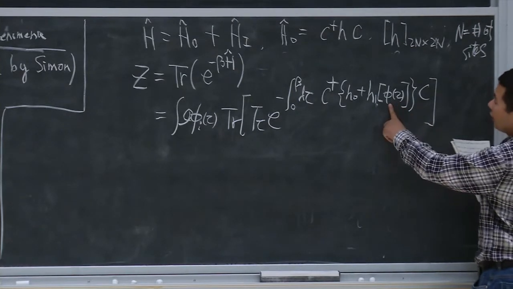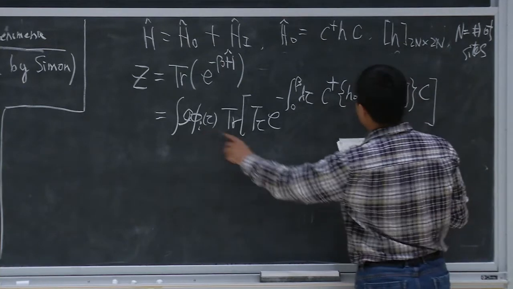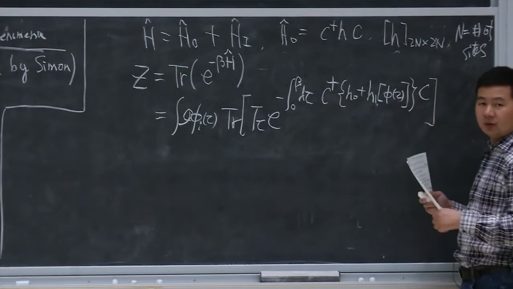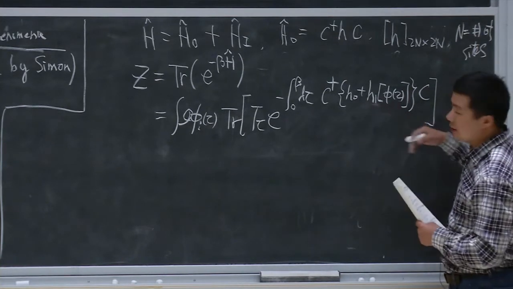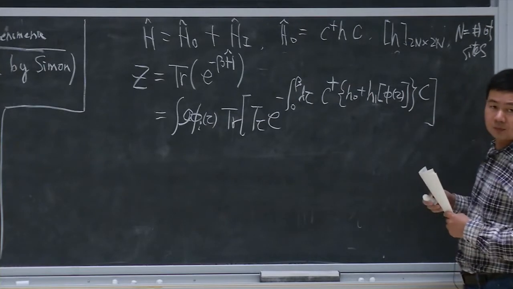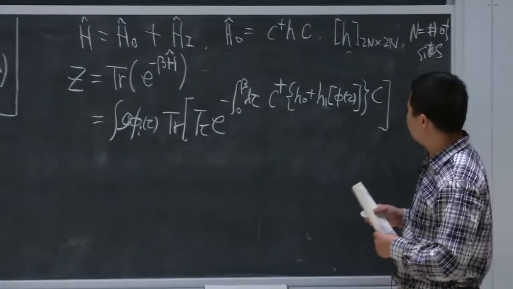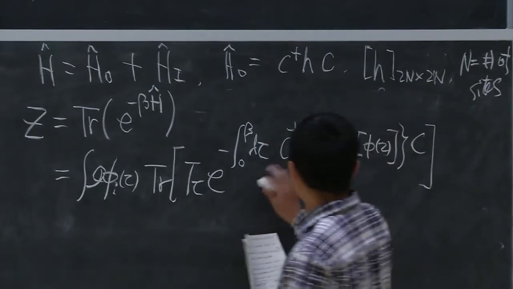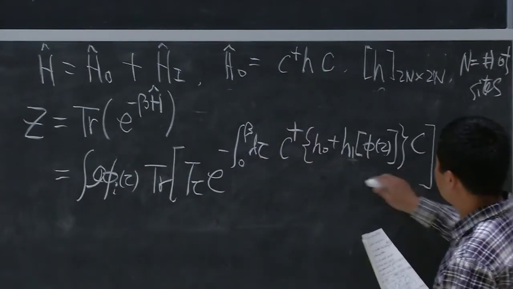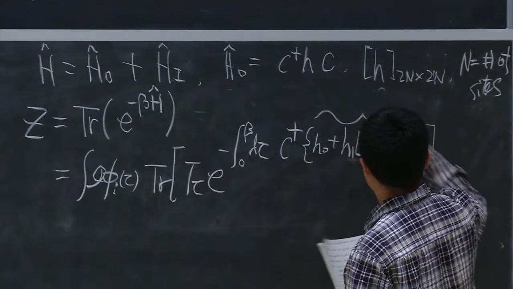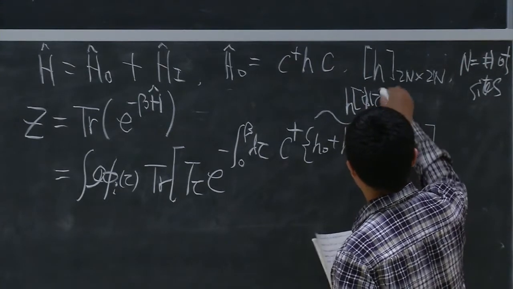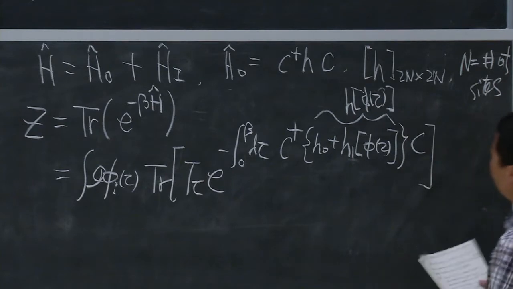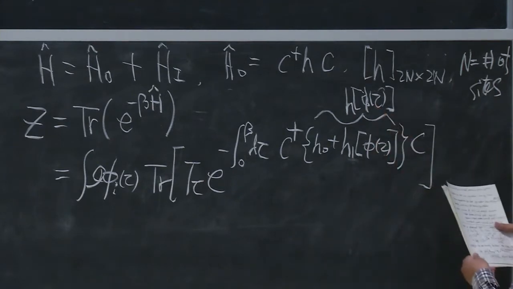And this auxiliary field depends on the lattice site and also imaginary time, or depends on space-time in the imaginary time sense. And now, since this is a fermion bilinear, we denote this as H, which depends on the auxiliary field or background field.